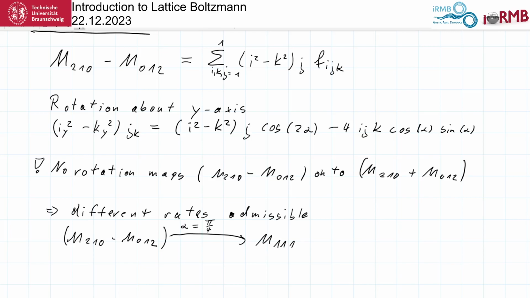So these two guys are physically in the same group, but anyway, because this is a rotation by pi quarter, and rotating the lattice by pi quarter does not map onto the new lattice, it means that they are numerically in different groups.